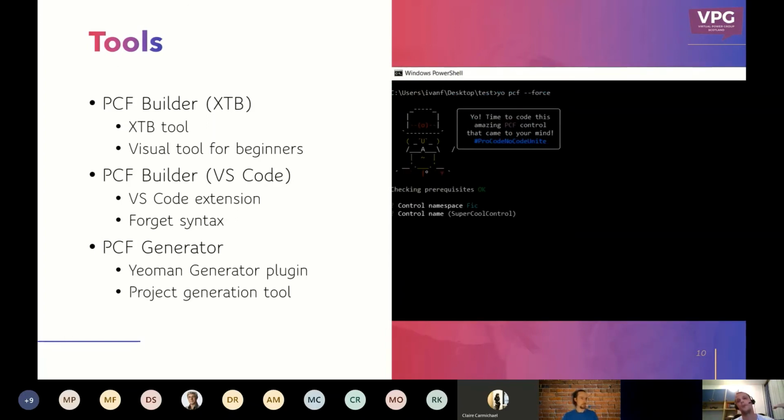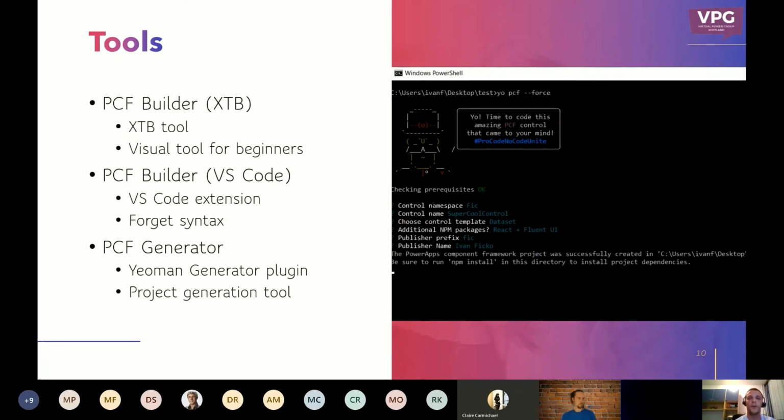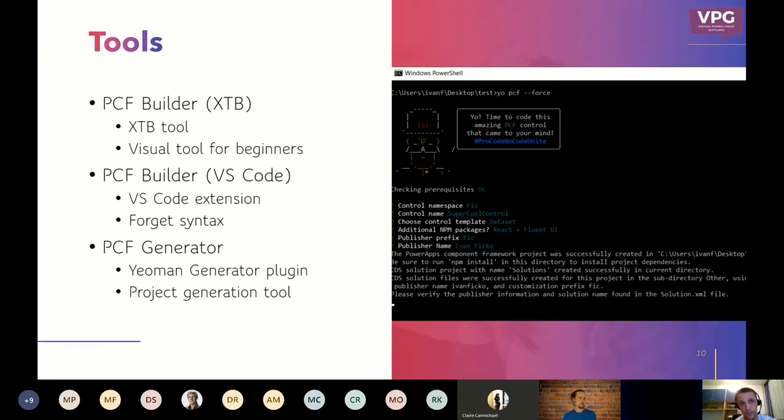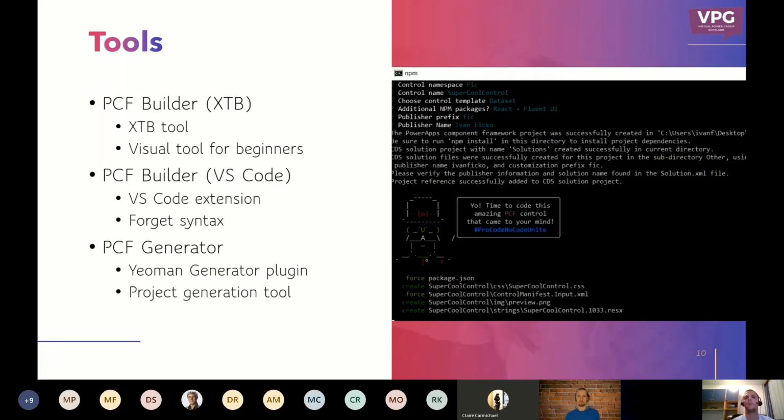And when the PCF Generator finishes the process, your control is ready to be deployed to the environment. When you try to install the solution on your environment, it will be a working solution straight away from the very first steps of your PCF development.